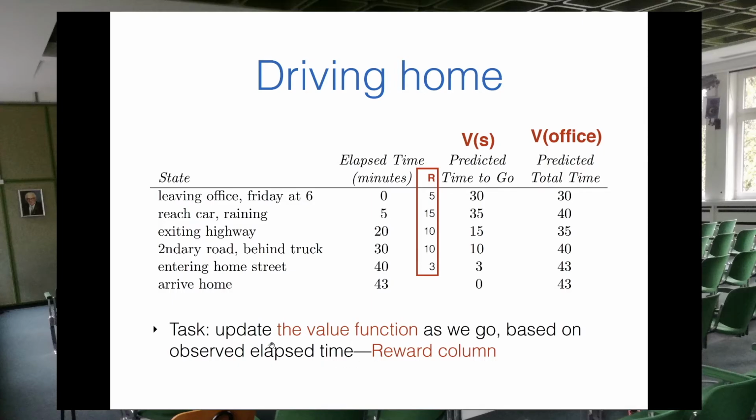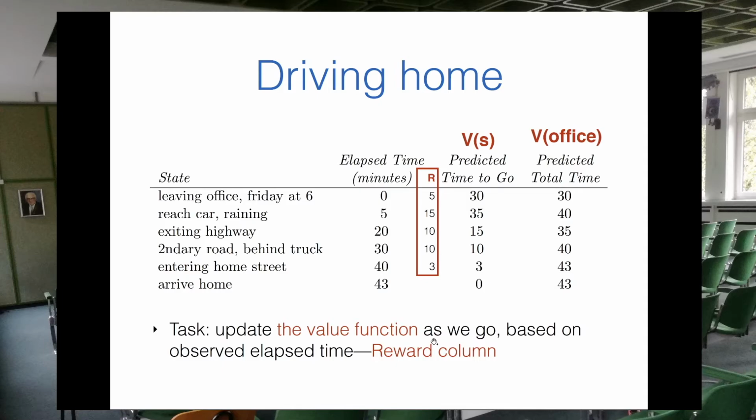So in this task, the rewards are going to be the difference in the minutes from going from one state to the next one. So it's the number of minutes that you needed to go from one state to the other. So that's going to be our reward. The value is going to be this column here, and these will be the values for each of the states.